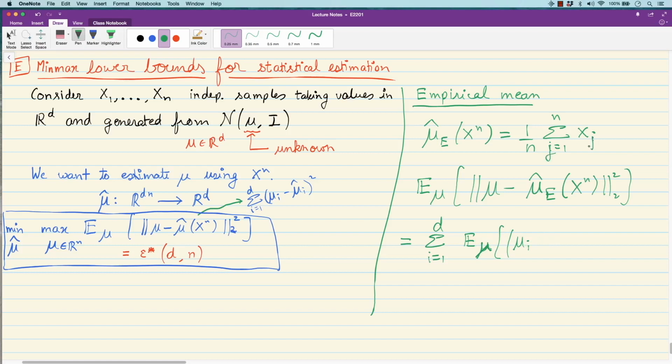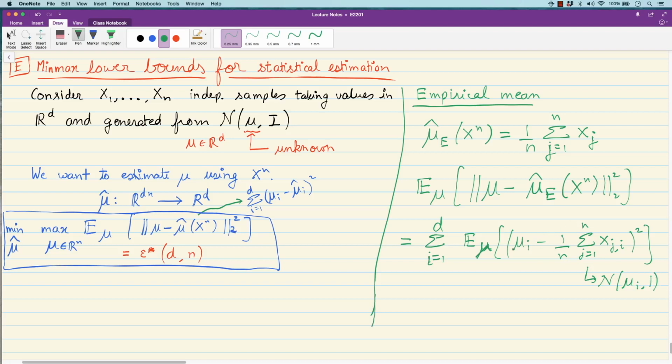Sorry, I should use j here for the sample index. i is for dimensions, j is for the sample number. So what is the distribution? This particular quantity doesn't depend on all the coordinates, it only depends on the ith coordinate. What is the distribution of this ith coordinate? These samples are again IID, but they're single-dimensional Gaussian with mean mu_i and variance 1.